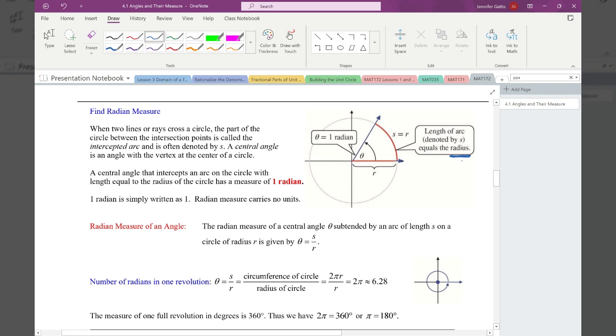The reason for that is that when the measure of an angle is 1 radian, you see here that we have the length of the radius right here. And the length of this arc is also the same distance as this radius, which is why the measure of that angle is called a radian.